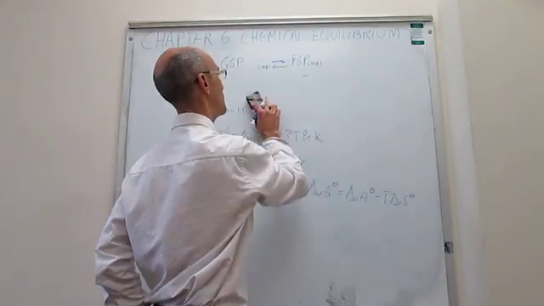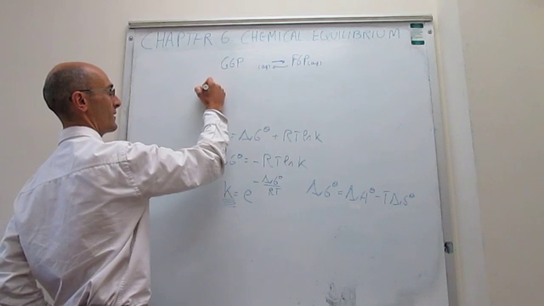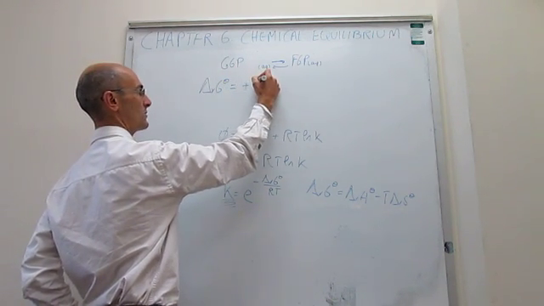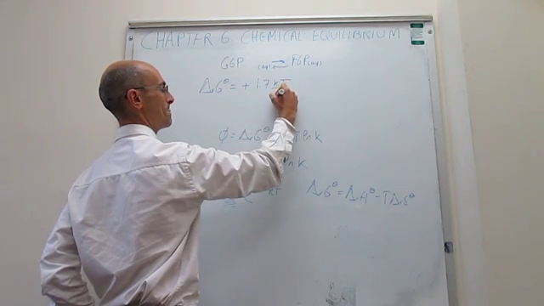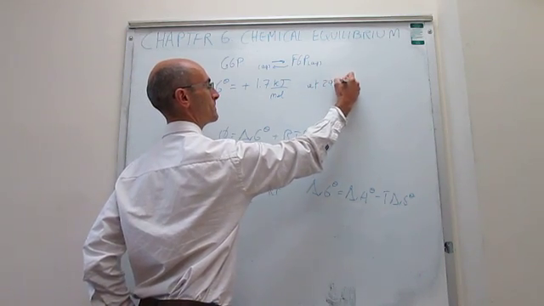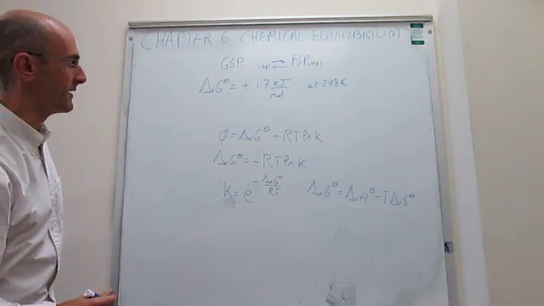It is equal to plus 1.7 kilojoules per mole at 298 Kelvin, so our equilibrium constant will also be at 298 Kelvin.